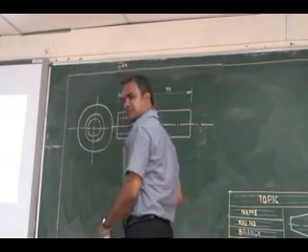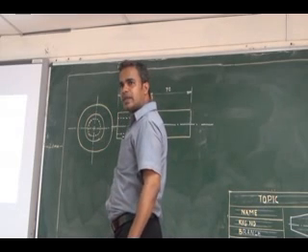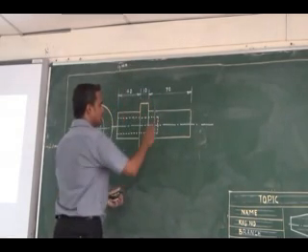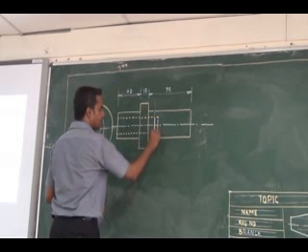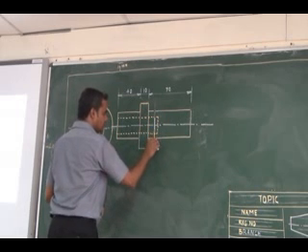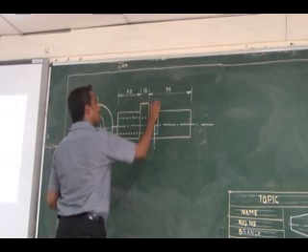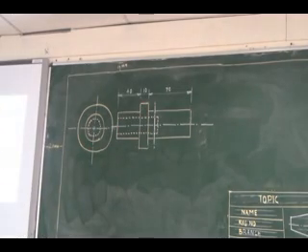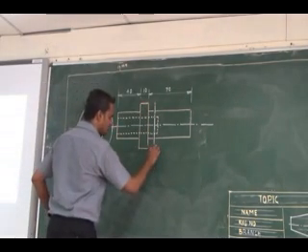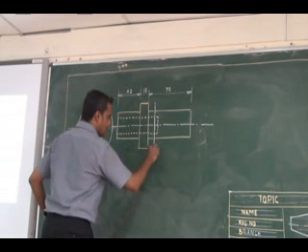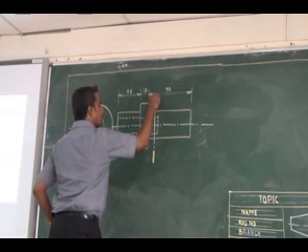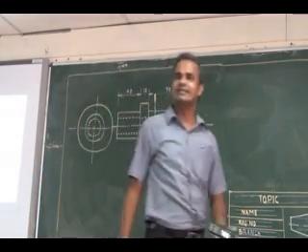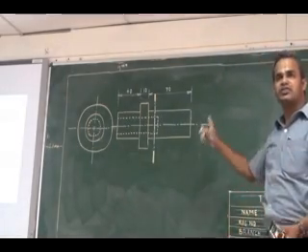The representation of a cutting plane: I have to represent it like this. There is a continuous thin line. Then it should be thick at the ends, which means it should be dark. I can thicken this at the ends like this. This is the representation of a cutting plane.